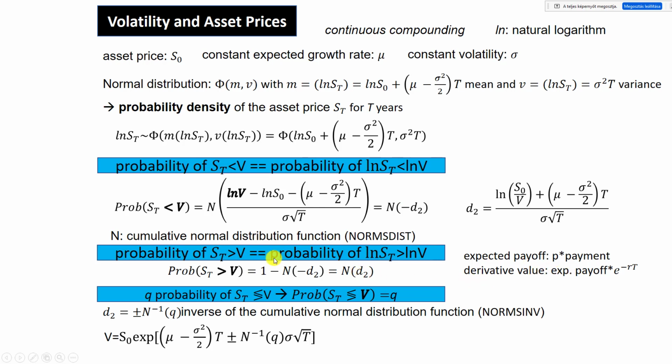And after that, if we still need the expected payoff, then we will multiply by the payment and the derivative value will be around this one. So expected payoff and the present value, what we know is e to the minus rT, so this is the present value or discounting for calculating present value.